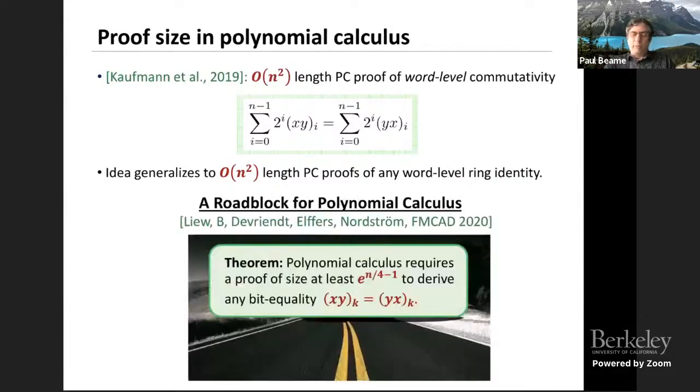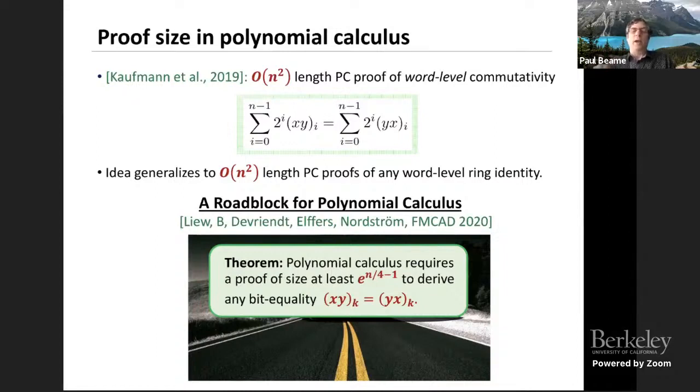And one thing we realized is that these polynomial calculus proofs are treating the numbers themselves as individual units. They're at the word level. If you actually wanted to integrate this with logic, you'd need those values at the bit level. And it turns out if you just have the statement that 2 words are equal, here I'm showing them as x, y, and y, x, but they're just 2 abstract words, and we want to derive from that that a given pair of bits is equal.